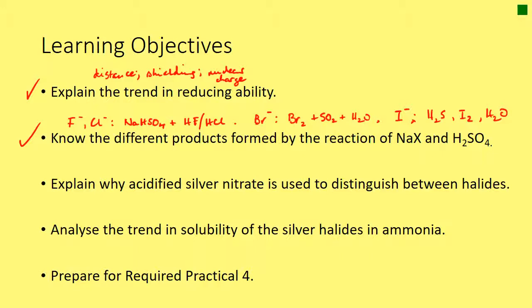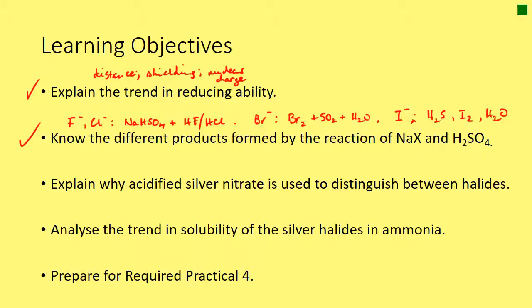And iodide took that sulfur dioxide and reduced that further. So the products of the reaction of iodide with sulfuric acid were hydrogen sulfide, iodine, and water.